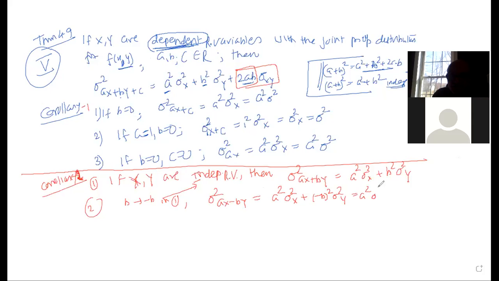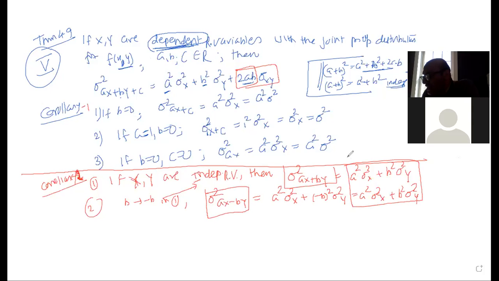Whether it is ax plus by or ax minus by, in both cases we are getting the same values: a square sigma square x plus b square sigma square y. And we can extend the same idea in a generalization.